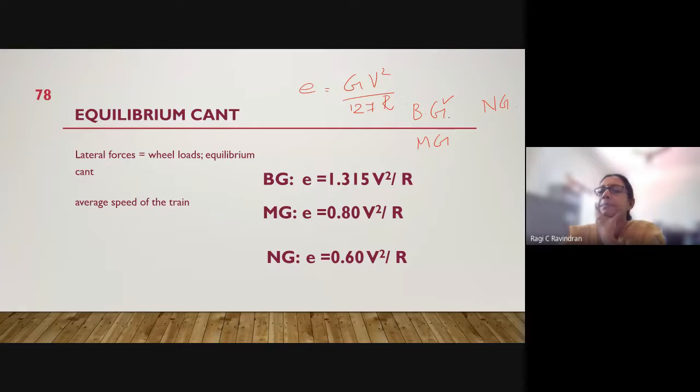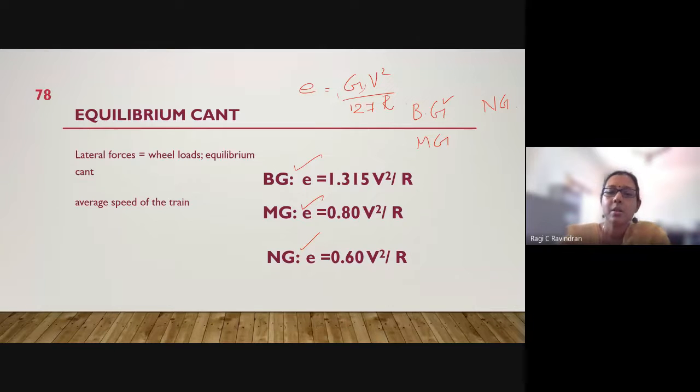If you substitute the gauge width in this equation, you will get all these standard equations. For broad gauge, the equilibrium CANT is 1.315 V square by R. Similarly, for meter gauge, the super elevation is 0.80 V square by R, and for narrow gauge it is 0.60 V square by R.